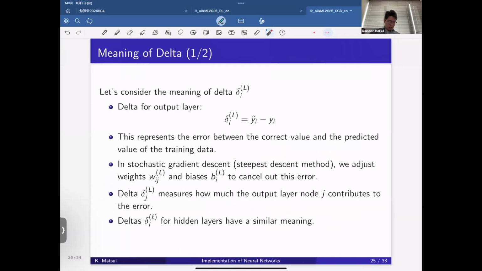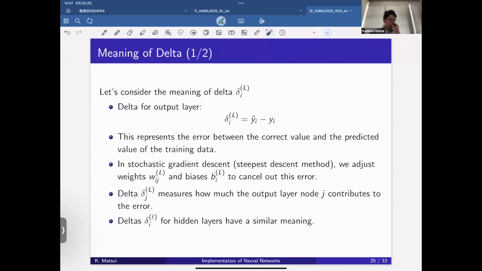So far, we have talked about what the calculation method looks like, but let's think about the meaning a little. What is delta? Delta for the output layer is simple. It represents the error between the correct value and predicted value of this training data.